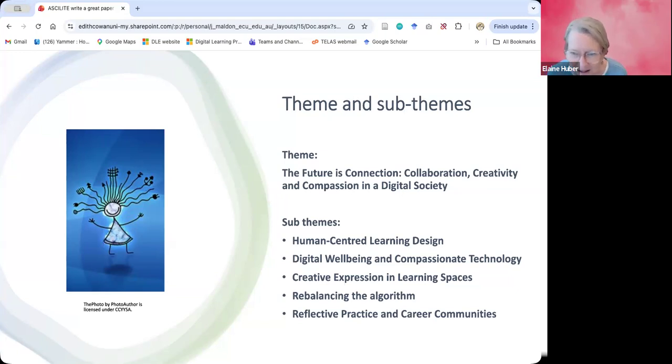I would say rebalancing the algorithm for me would be probably one of the ones that could make a whole different set of senses depending on what your background and what your context is. But yeah, we leave that really up to you. I've never seen any paper get rejected because it didn't match any of the themes. Usually you can find a hook into one of those.